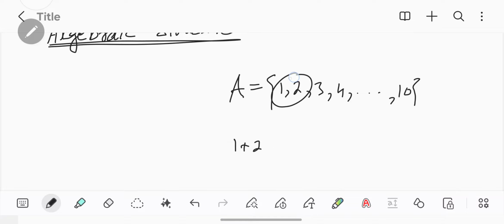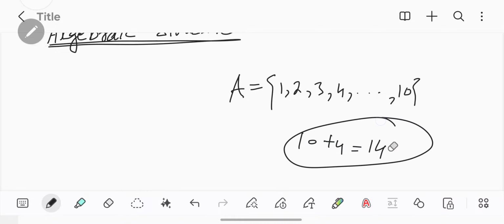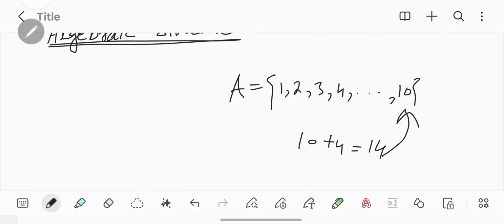For example, if you add these two, you will get 3, which is in this set. But if you have 10 here, and you add 10 and 4, you will get 14, and 14 is not in this set because this set only has the elements 1, 2, 3 up to 10. So this kind of binary operation we can define on a set.